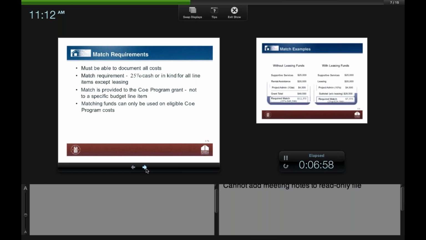Eligible CLC program cost is, again, subpart D, as in dog or David, under the regulations at 578, and they include the components of the CLC program and the eligible uses. Briefly, to summarize them, the components are planning, unified funding agency cost or UFA cost, acquisition, rehabilitation, and new construction.